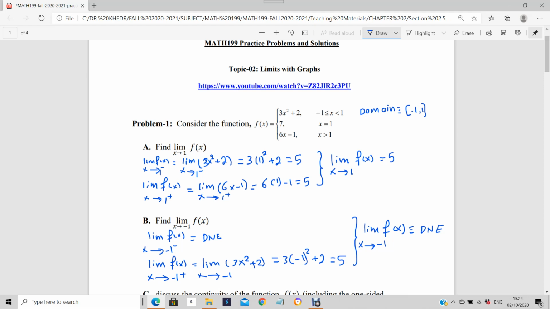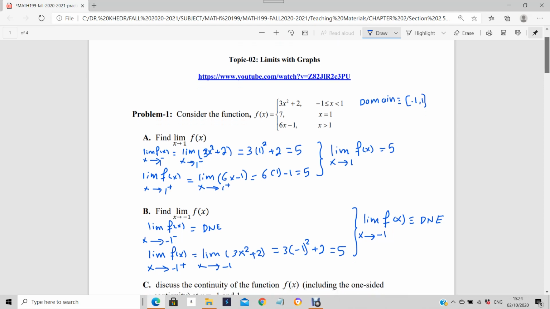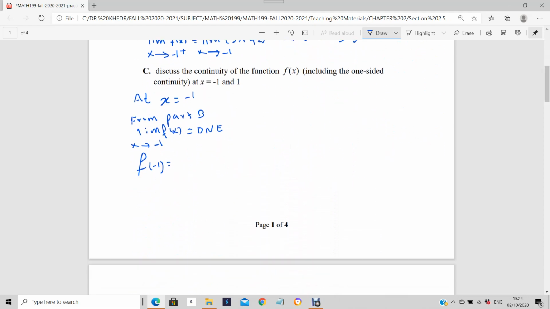This formula is applicable for x greater than or equivalent to minus 1. So we can use it to find the value of the function at x equals minus 1. If we substitute x by minus 1, we will get 3 plus 2, that is 5.